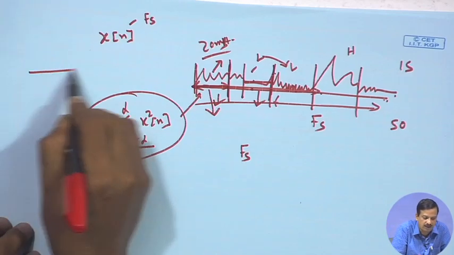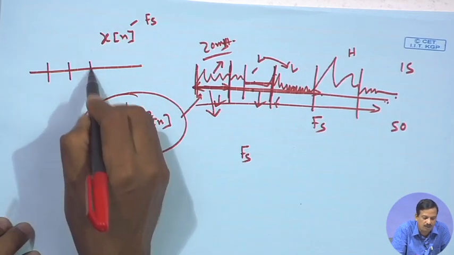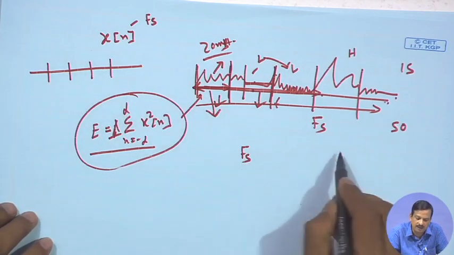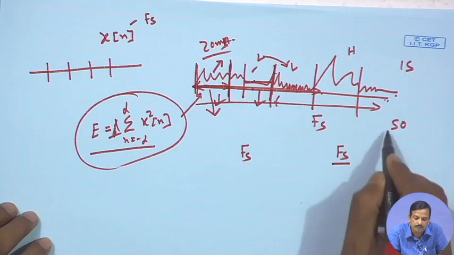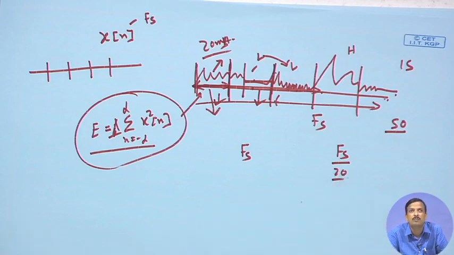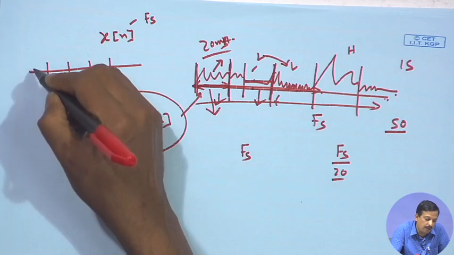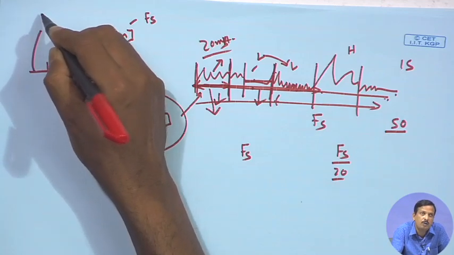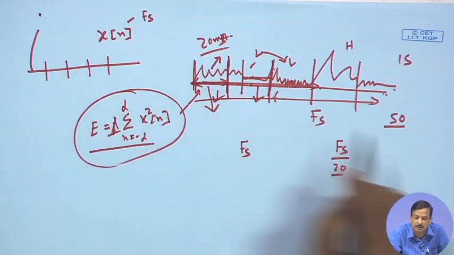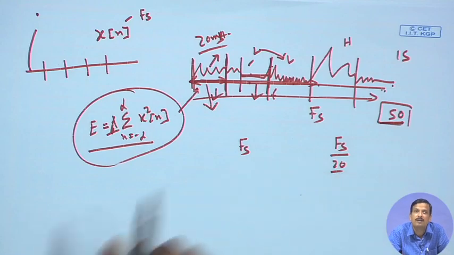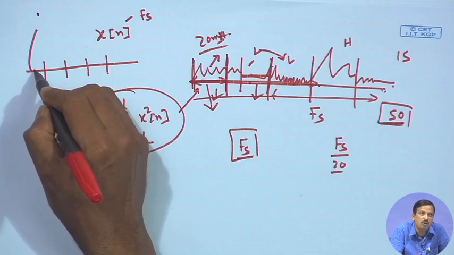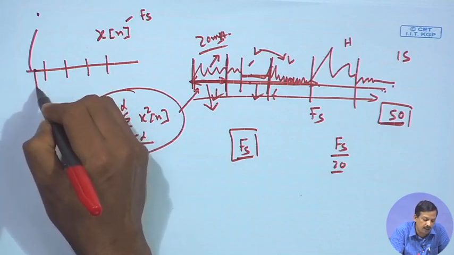So, I have a 1 second signal, I slice it every 20 millisecond, so I get 50 slices. So, the rate is f s by 20 millisecond. Instead of the f s sampling rate, now for every window I get some parameter. So, parameters are sampled at 20 millisecond, means 50 windows per second. So, instead of f s number of samples, if each window represents 1 sample, I get 50 samples.